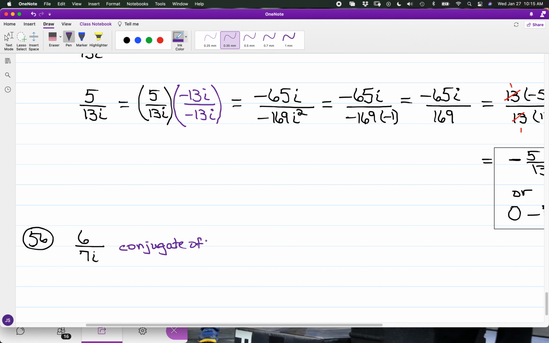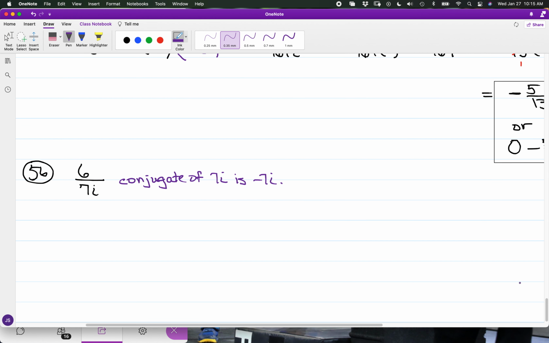So with the denominator at 7i, we take the conjugate of 7i. It's going to be negative 7i. And taking what we have here, we multiply by 1 in the form of the denominator's conjugate over itself.